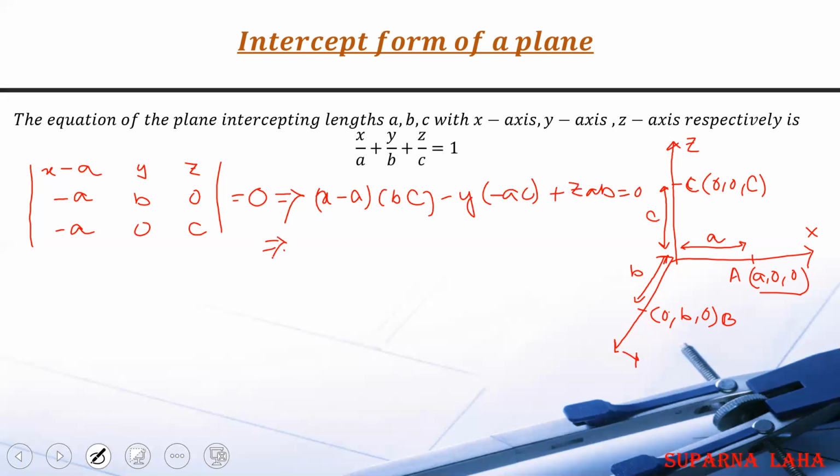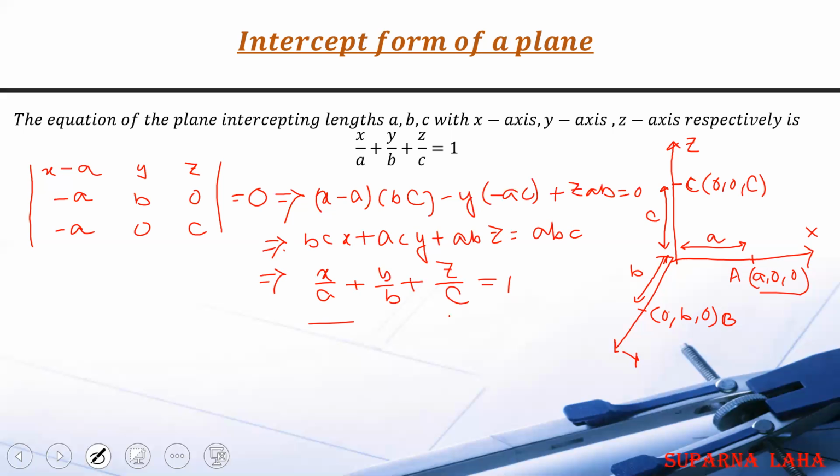Now if we simplify this, we will get bcx plus acy plus abz is equal to abc. Now divide the whole equation by abc, we will get x by a plus y by b plus z by c is equal to 1. So here is the equation, that is the intercept form of a plane.